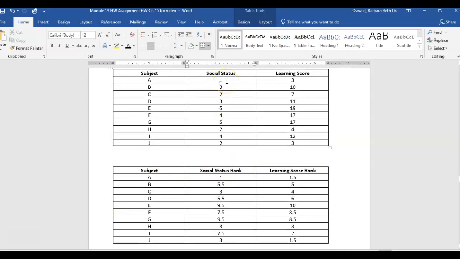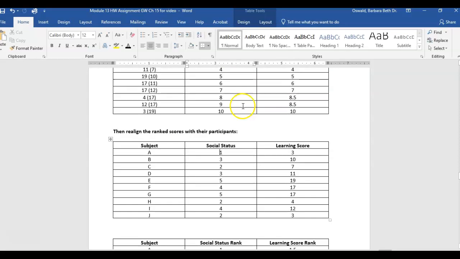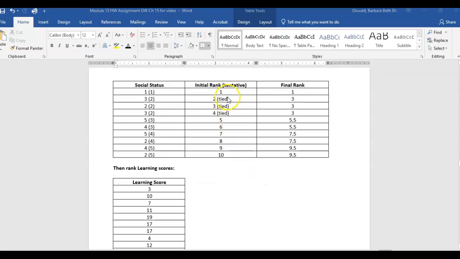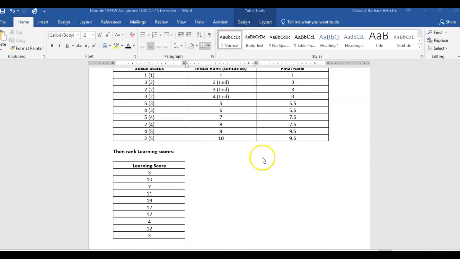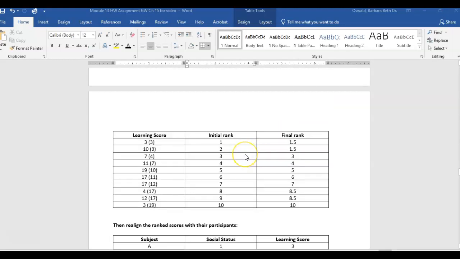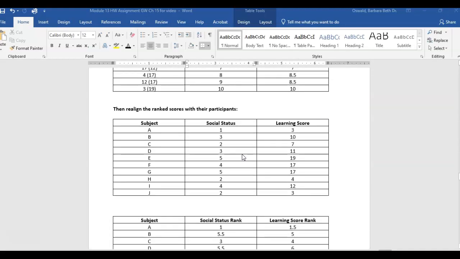In the original data set, subject A had a social status score of 1. If we go back up to where we ranked, the final rank for a social status score of 1 was a 1. Now for the next one, our social status score for subject B was a 3.